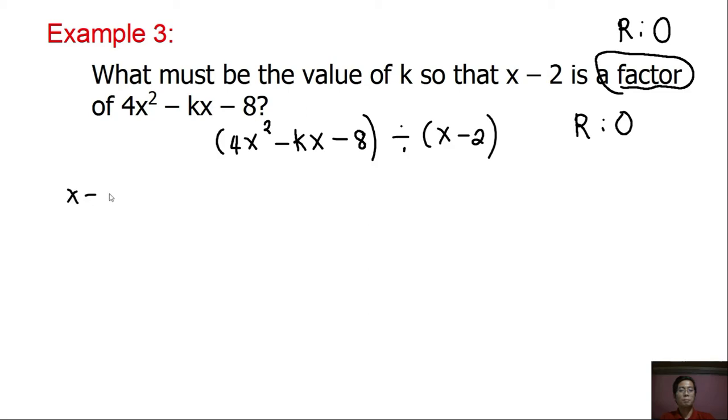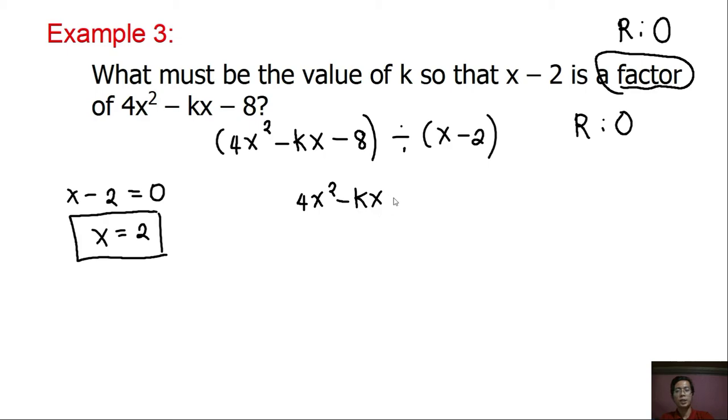So copy our divisor x minus 2 and equate it to 0. Solve for x. X now is equal to 2. Alright? So isa-substitute natin yan sa 4x squared minus kx minus 8. Isa-substitute si 2 in place of x at magiging equal siya sa 0 because ang remainder mo ay 0.